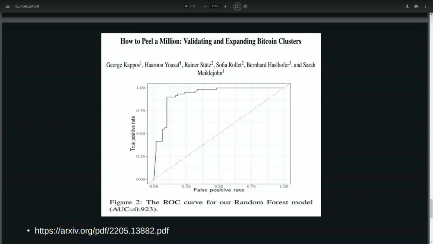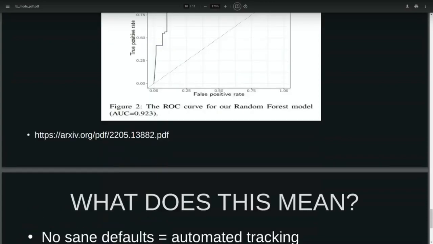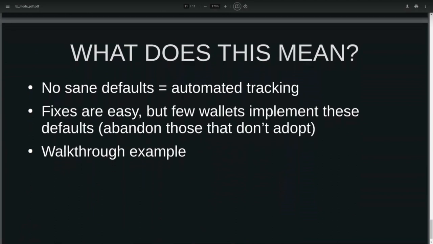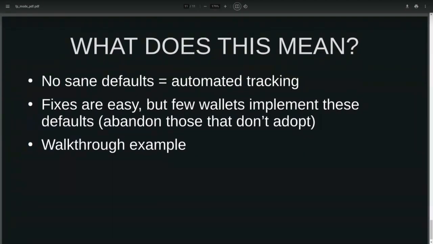These area under the curve numbers are relatively high. I guess maybe mathematicians will have to debate if that's high enough, but it implies that some of these machine learning algorithms have gotten really quite accurate. An area under the curve of 1 would be perfect. This one's 0.923. And so what does this mean for Bitcoin users?